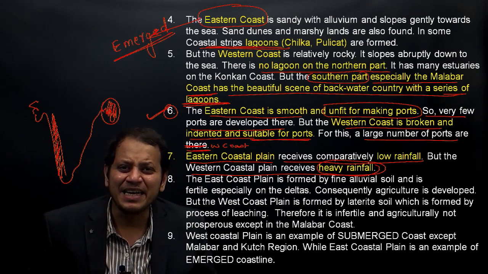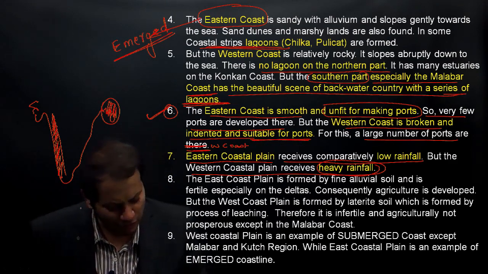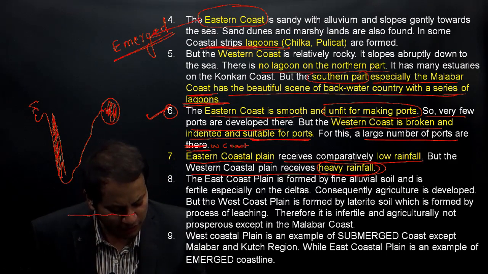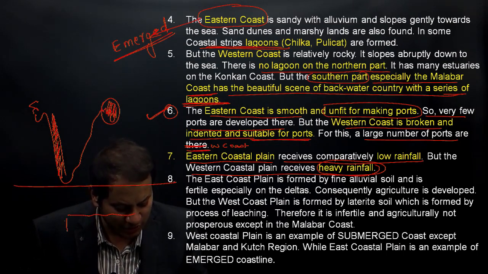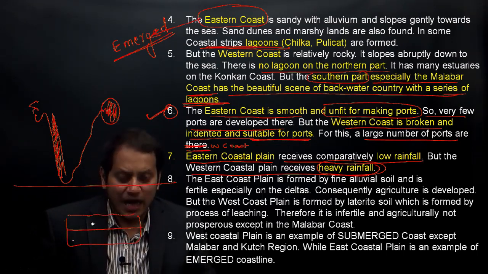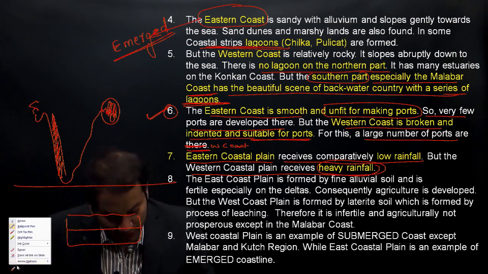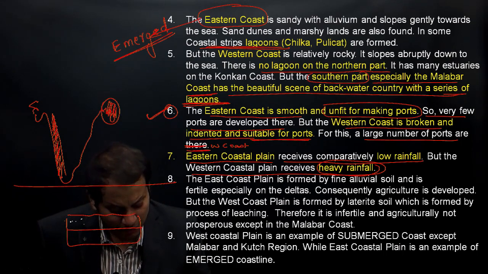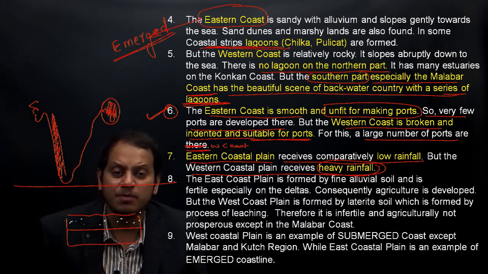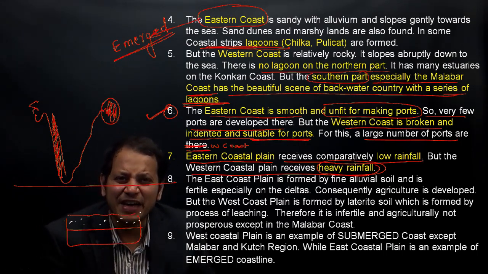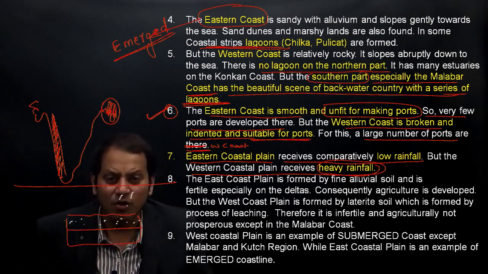And if an area receives very heavy rainfall, what happens if this is the top layer of the soil? Now consider this as a top layer of the soil. There will be numerous minerals which are present on the top layer of the soil. When very heavy rainfall occurs, what happens?